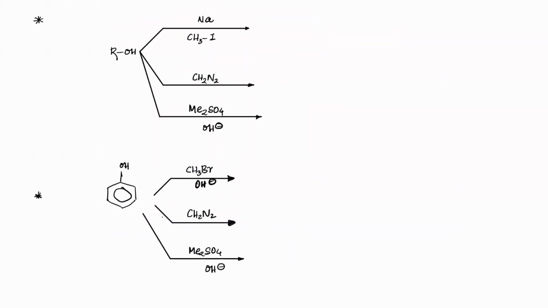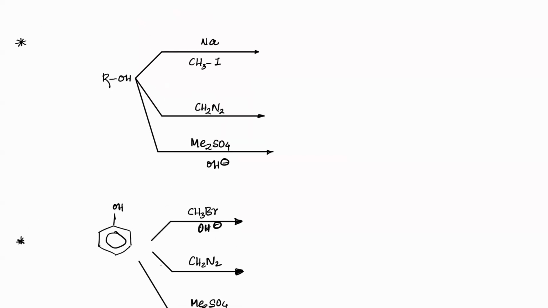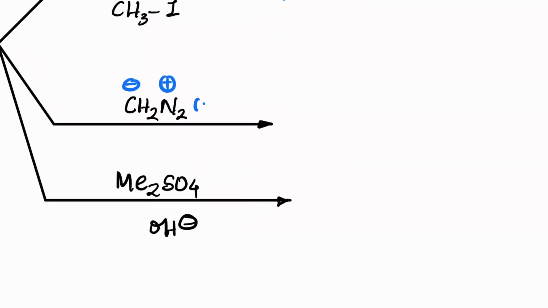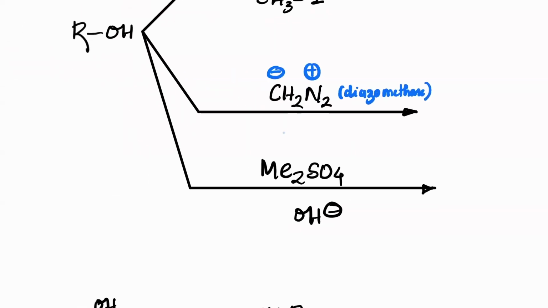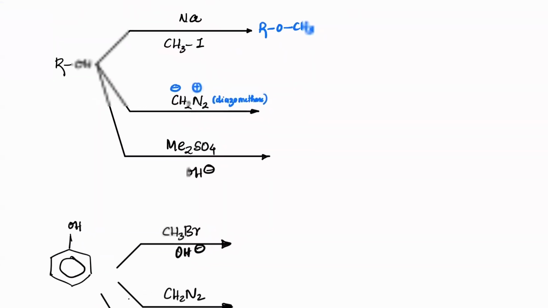See, continuing with the reactions. The first reaction we just learned, this is Williamson ether synthesis. Second reaction is with diazomethane, right? See, diazomethane typically has this structure CH2 minus and N2 plus. So in that, how do we make the reaction?